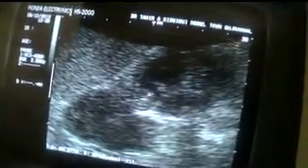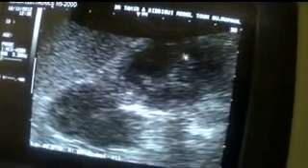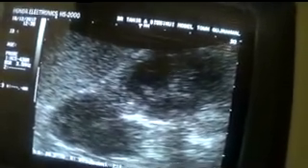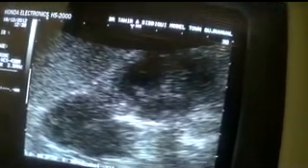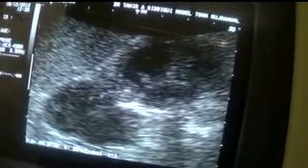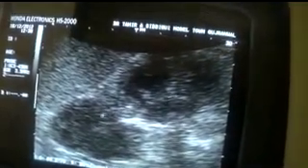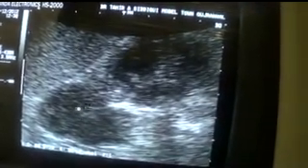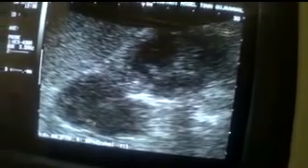Now here it can be seen communicating with the focal lesion in the upper mid-parenchymal region of the left kidney. So it does communicate, this focal lesion does communicate with the lesion adjacent to it. So this rules out the possibility of an adrenal abscess.